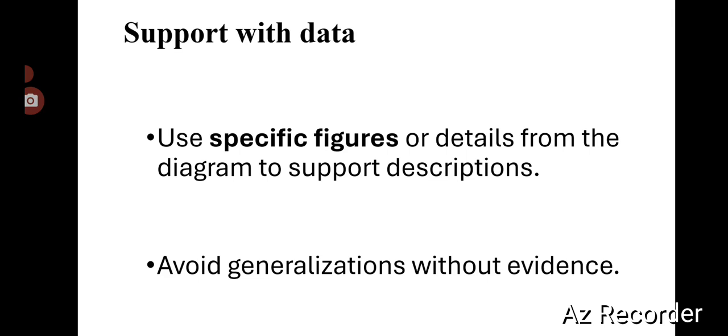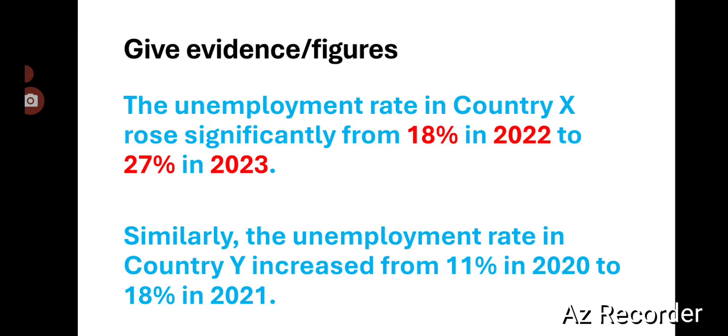So let's look at an example of what I'm saying. The unemployment rate in country X rose significantly from 18%. By mentioning 18%, I'm giving evidence. So it moved from 18% in 2022, evidence, to 27% in 2023.